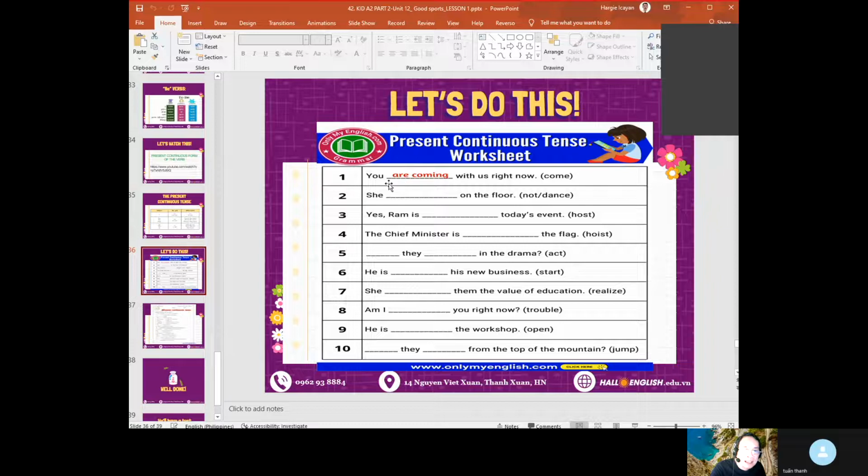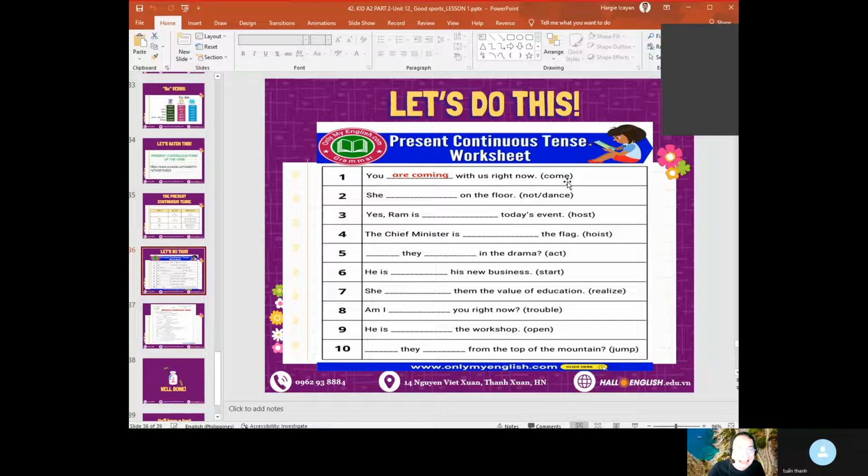Number one has been given to us: you are coming with us right now. So what are we going to do with our base form of the verb come? We have to remove the e and then add the ing. So what happens to the word come now, V?